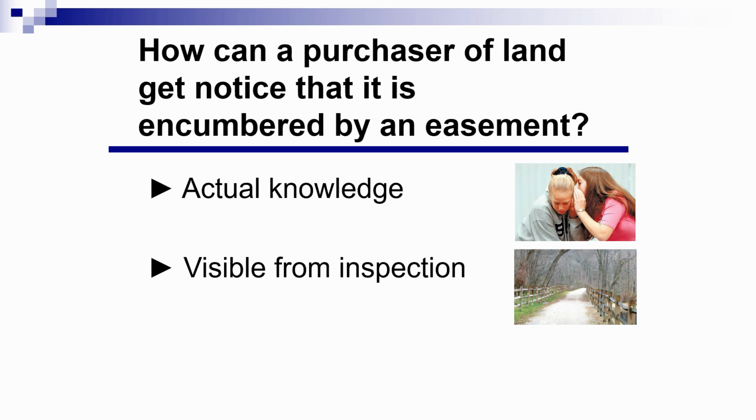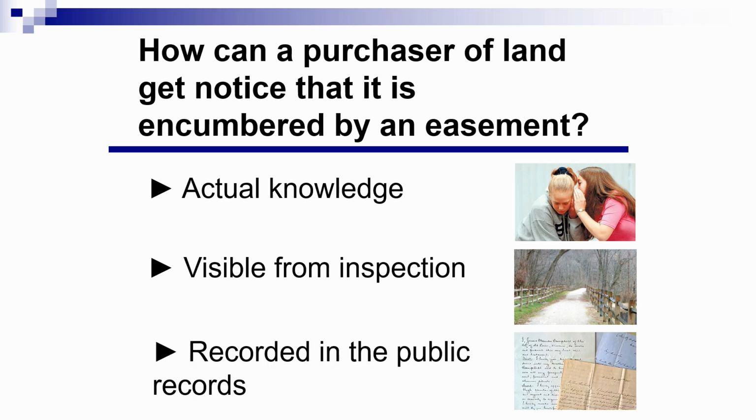Now you'll notice that the visible from inspection theory doesn't always work with easements because some easements are underground. Often power line, water line, sewer easements are buried in the ground, and there may or may not be anything on the surface that tips off an owner that there's an easement down there under the soil. The third way that a person who's buying a piece of land with an easement across it might find out about it is that the easement might be recorded in the public records.